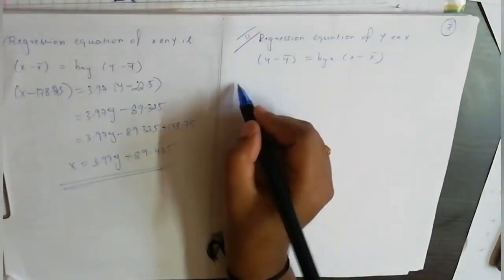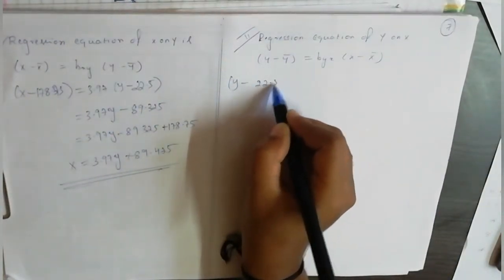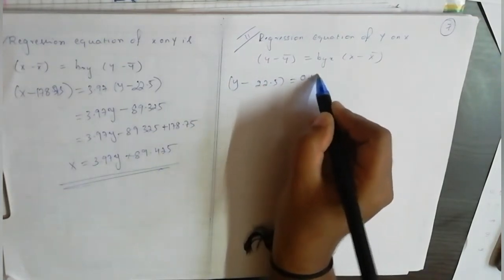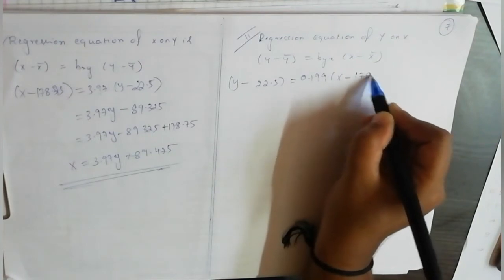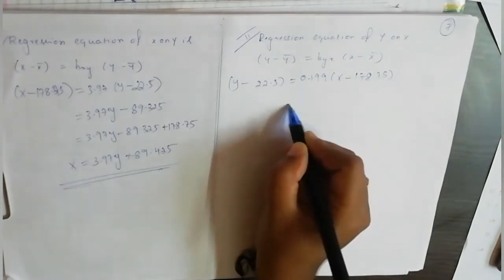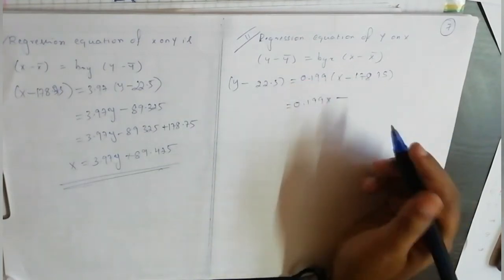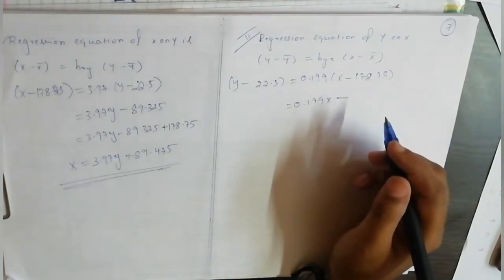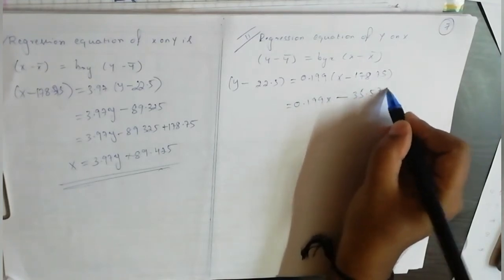Similarly, y on x, we will substitute. y minus y bar is how much? 22.5. byx we got 0.199. x minus x bar is 178.75. So open the bracket, 0.199x minus, multiply these two, we'll get 35.571.